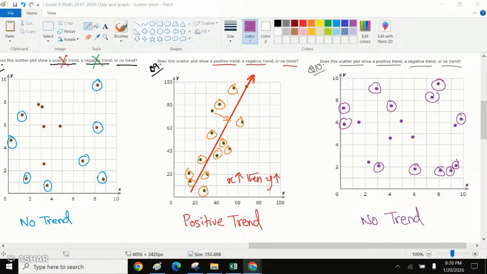So whenever one variable is increasing and the second variable is increasing in comparison, we say it's a positive trend. But two variables, like you buying a phone and the price of a burger, are not comparable, so they don't follow a trend. When two quantities do not affect each other, we say they do not follow a trend. That would create a scatter plot on the diagram.